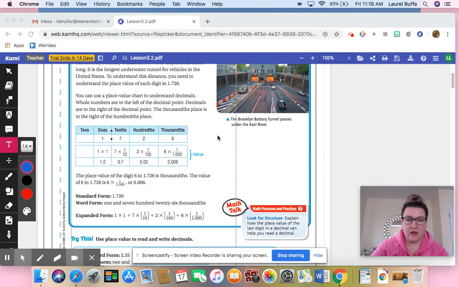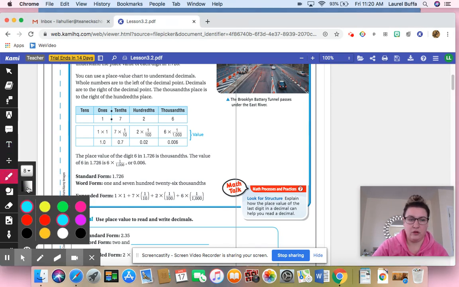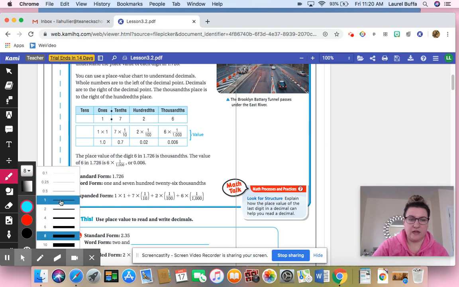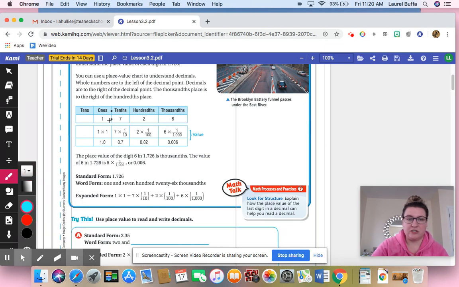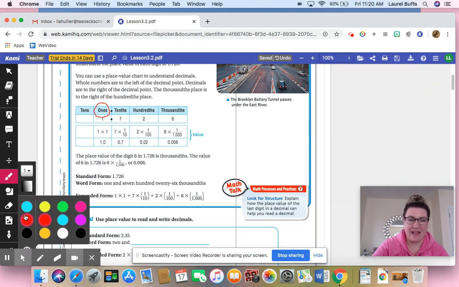So, if we scroll down to our place value chart, this is very important because it tells us what each place in the decimal represents. For example, the place to the left of the decimal point represents the ones. The place to the right of the decimal point represents tenths.